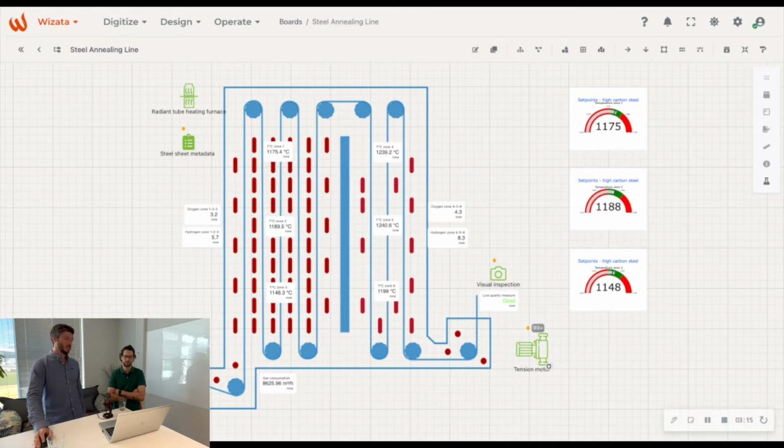And then on this type of line, we can collect several types of data. Of course, we have the temperature set points that we can apply in different sections of the system. Those are the ones to apply depending on the type of steel you process. Depending on the grade of steel, you have different windows of temperature to operate. If it's thinner, you need, of course, maybe less heat.